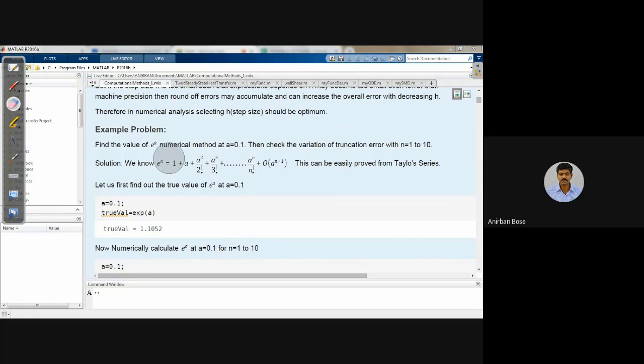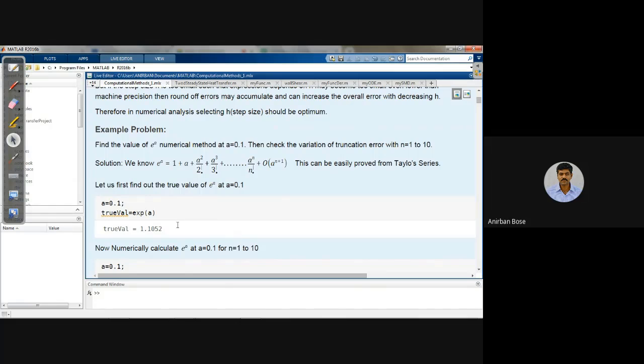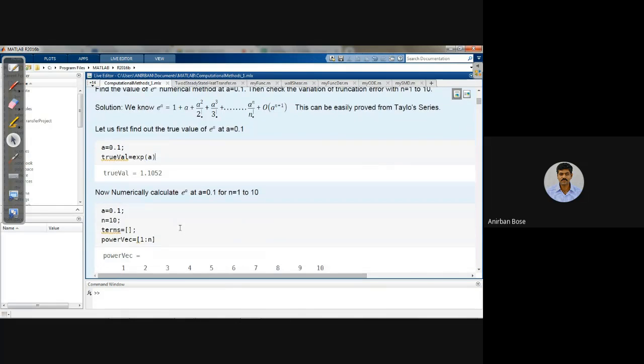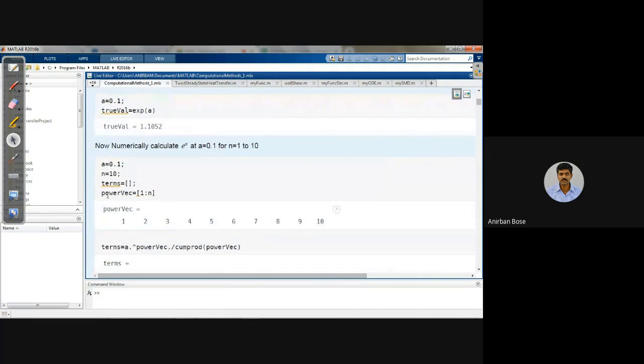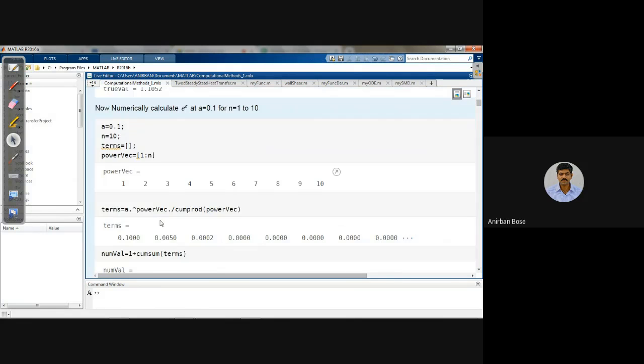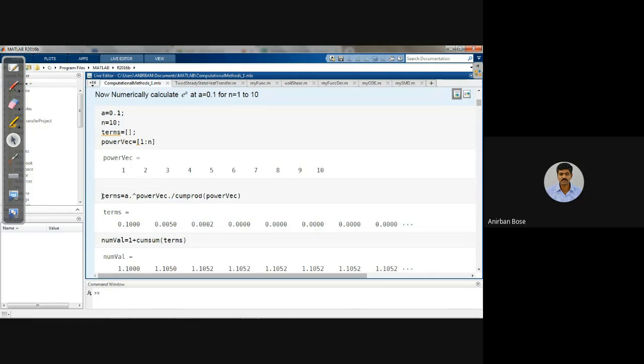So what we are doing, we have kept this power vector by colon notation, 1 colon n, and then it will create this array 1 to 10. Very simple. Now within terms, I have already told you that terms is the blank array that we initially defined.